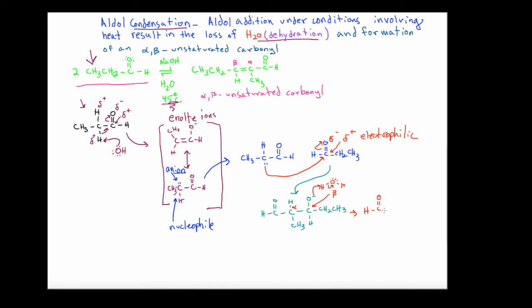All right, so from the addition reaction, this is what this is going to look like. And we need to get to this point because in order to understand the elimination, we have to start with this.